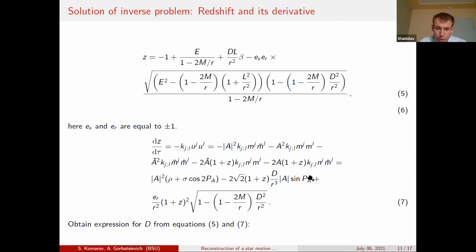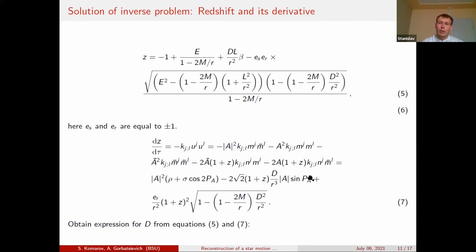And it is seen from this formula that the expression depends on two optical scalars, rho and sigma. They have physical meaning. Sigma is the influence of gravity on the shape of the image that is formed by the congruence of isotropic geodesics, and rho is the influence of the external gravitational field on the magnification of the image.